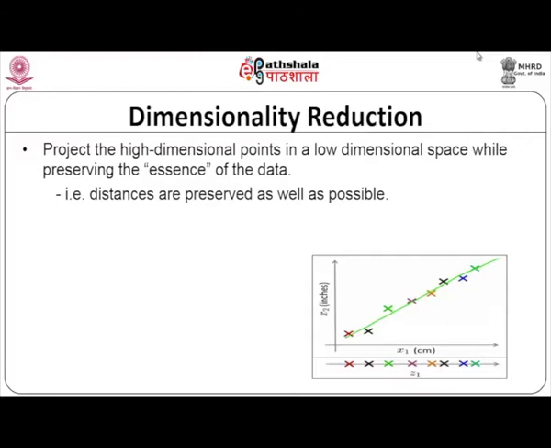This is an example. You have 2 dimensions, projected to 1 dimension. Whatever distances were there between them have been maintained. This is what is called projection. This is just a small example. Then you project into the lower dimension by maintaining that essence, and you solve the problem in low dimension. That is what you are trying to do.